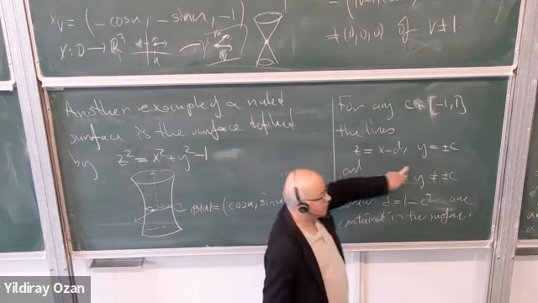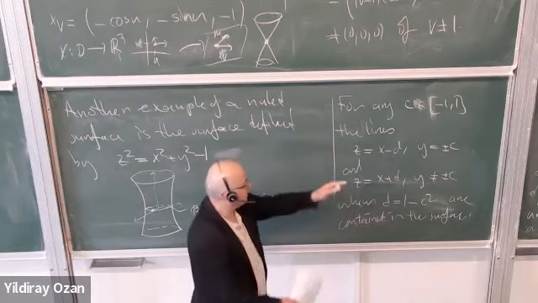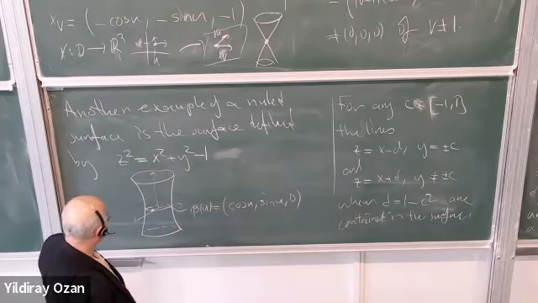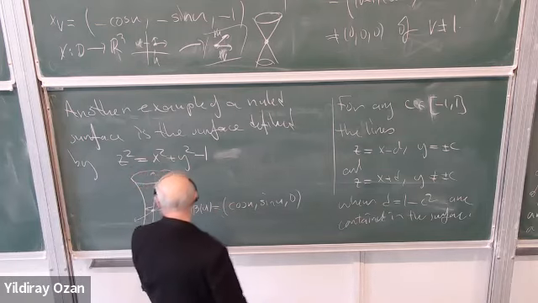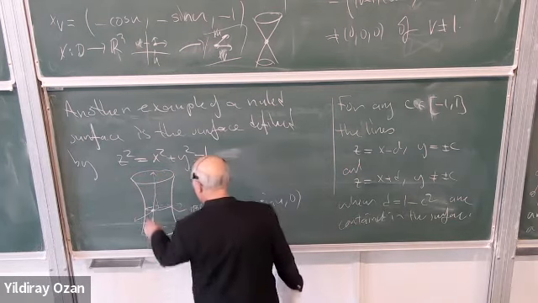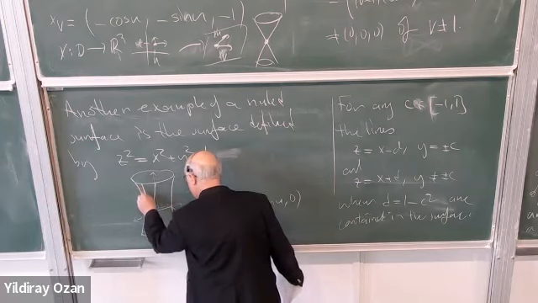This is another plane, and the intersection of these two planes is a line. So it's a line like this, something like this. One of them is like this, the other one is like this.